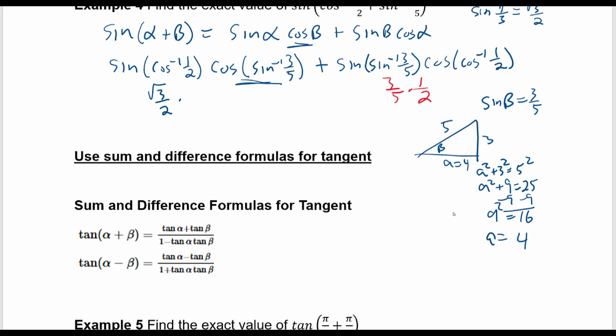So cosine of beta is going to be adjacent over hypotenuse, so it's 4/5. This works out to be 4 root 3 over 10 plus 3 over 10. So it's 4 root 3 plus 3 all over 10.